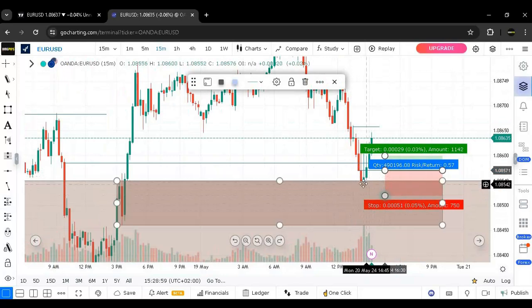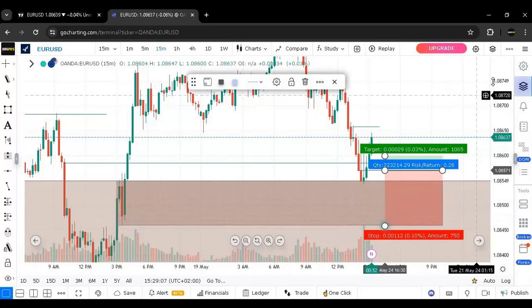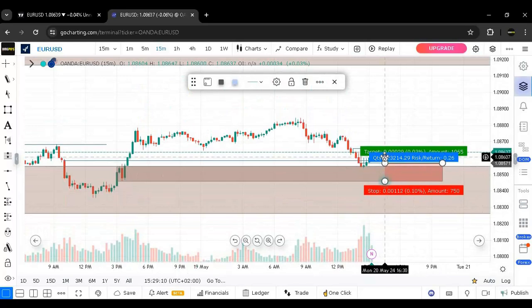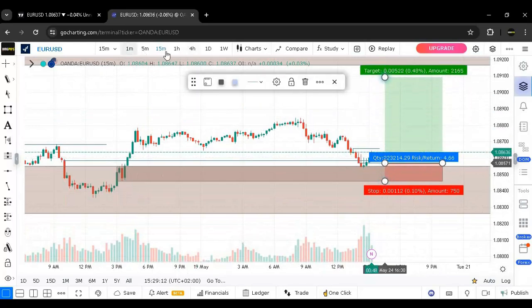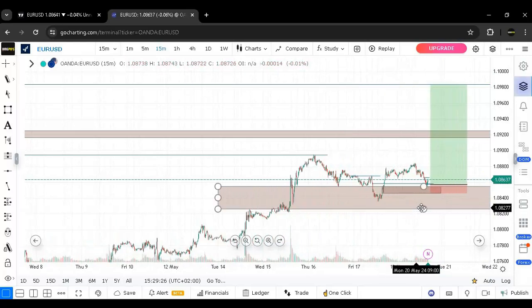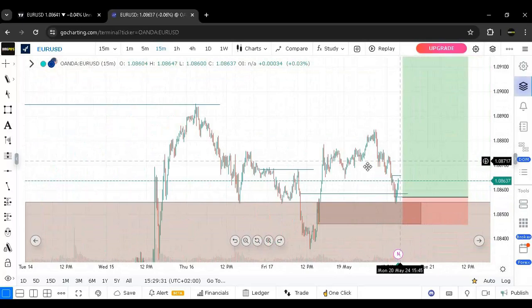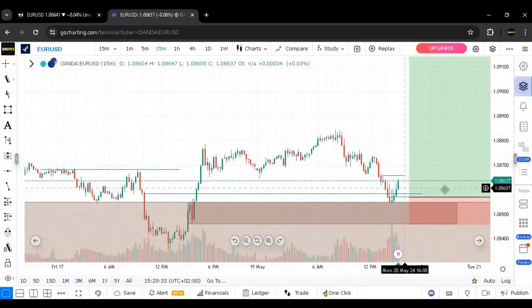I could use this low, but I'm not convinced that price will respect it, so I'll just have it on this order block low, and have my TP on this buy side liquidity right here. So that is what my setup looks like using the ICT trading strategy, right?